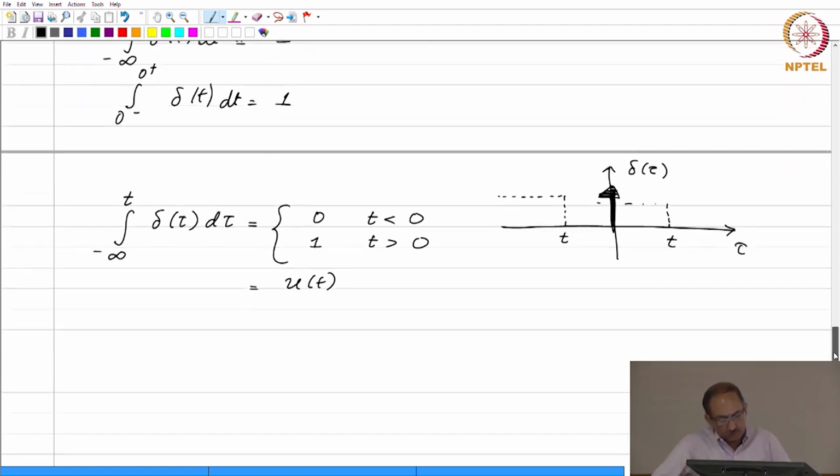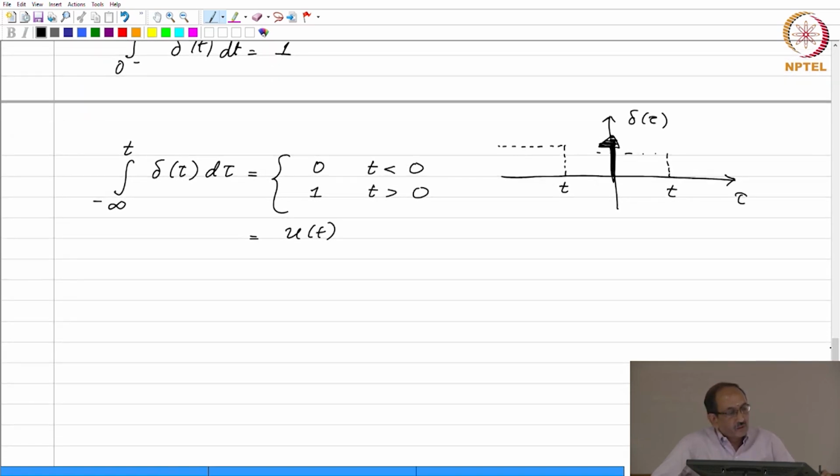Therefore we have this relationship: minus infinity to t delta of tau d tau is nothing but u of t, and then we bring in what is well known to us. Then we say d by dt of u of t is delta of t, correct?